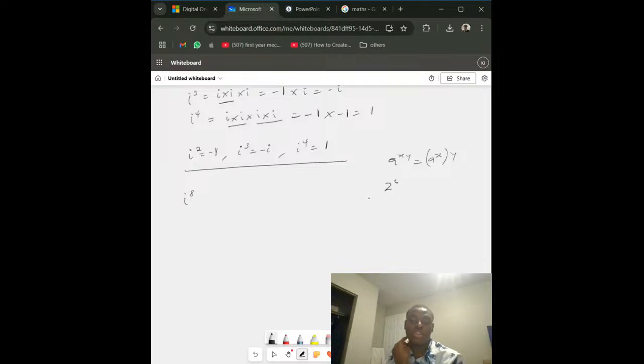2 raised to power 6 is basically 2 times 2 times 2 times 2 in 6 places. But then, according to laws of indices, we could split this. Since 6 is a product of two numbers, 6 is basically 2 times 3, right? So 2 raised to power 6 would be 2 raised to power 2 times 3. And that would be 2 raised to power 2 all raised to power 3, which means take care of one of the numbers first, and then with the value you got, raise it to the second number, right?